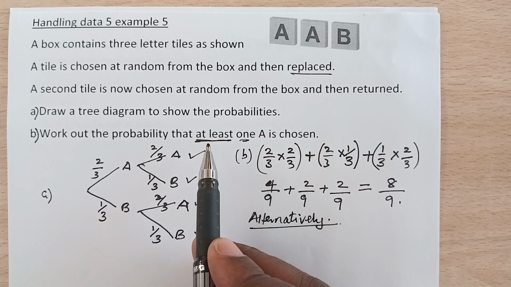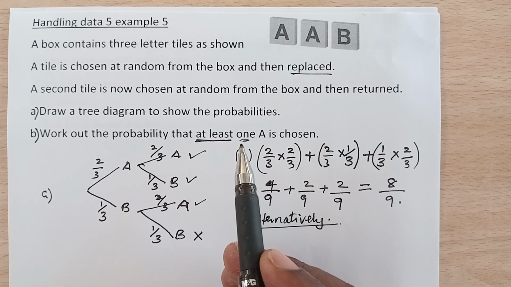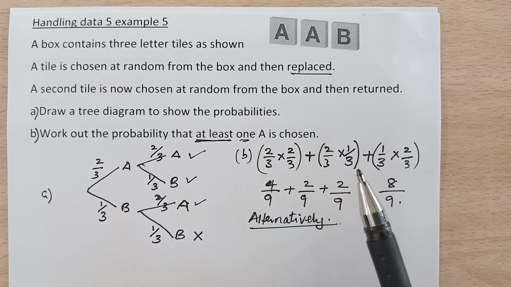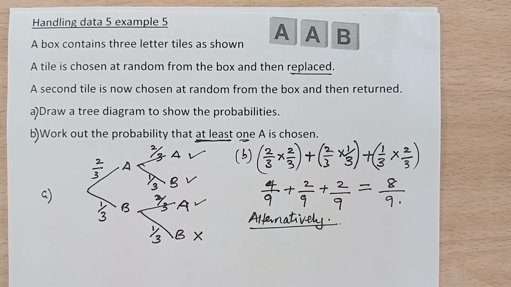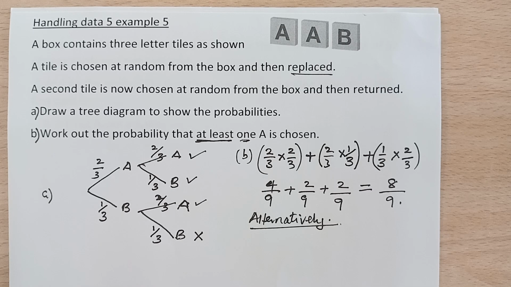Since we are talking of at least one A, what we don't want is any B. What we don't want is all B. Both of them should not be B. Because we know the probability of picking at least one A is 1 minus the probability of not picking both B's. This is what we don't want to see.